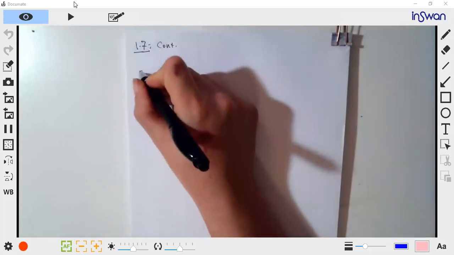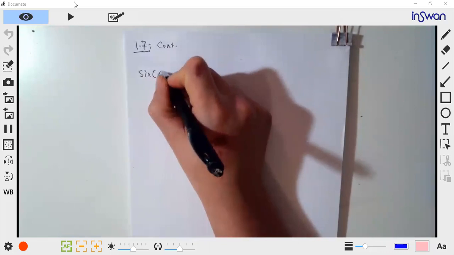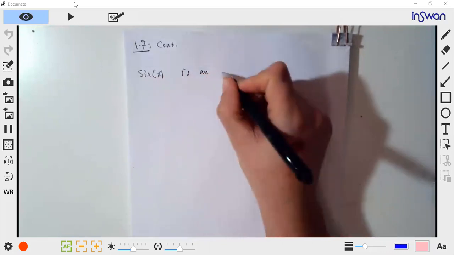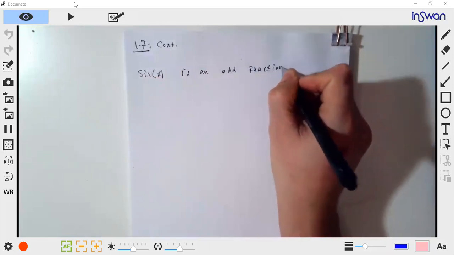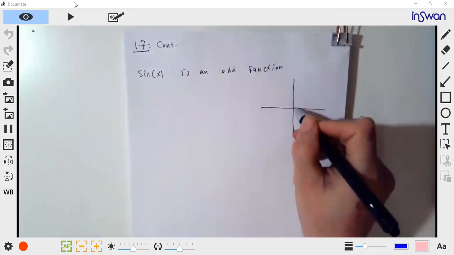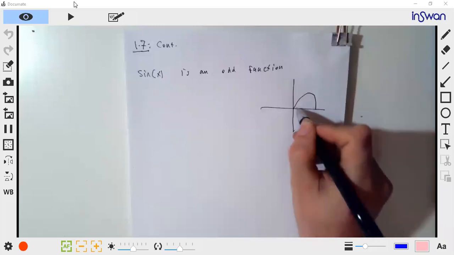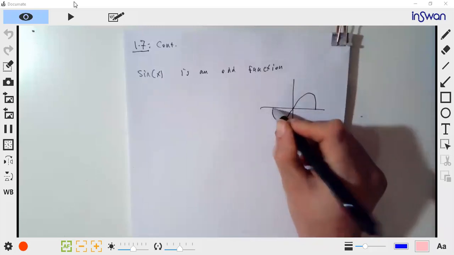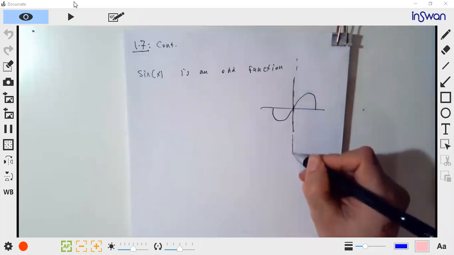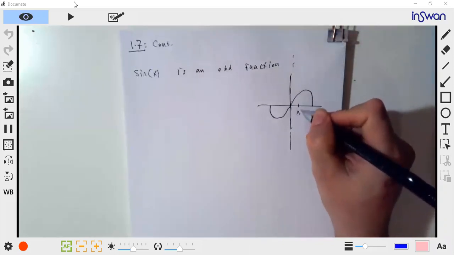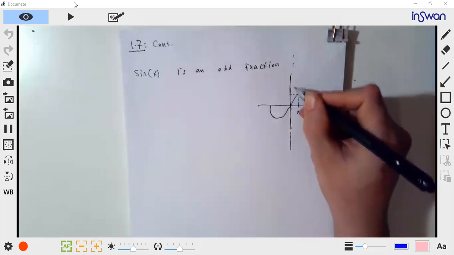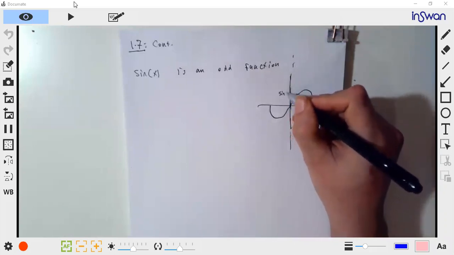Recall that the sine function, sine of x, is an odd function. Geometrically speaking, that's due to the fact that the sine function has anti-symmetry across the y-axis. Let's say this is some x, and up here, this is some sine of x.